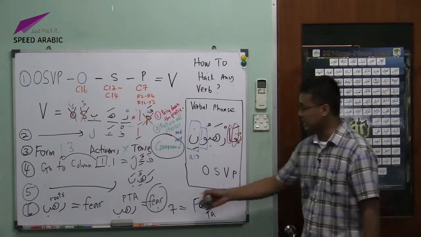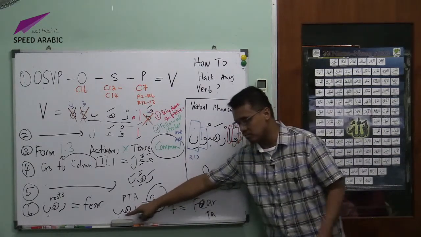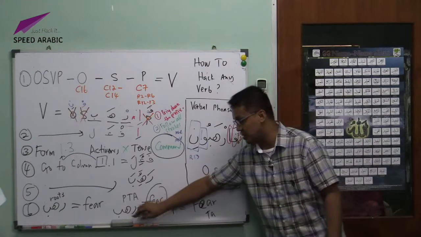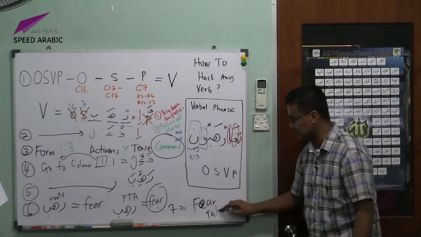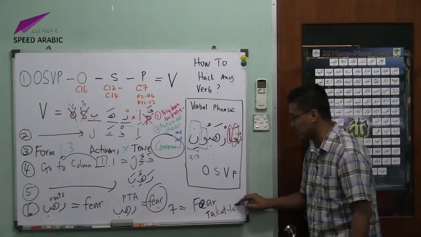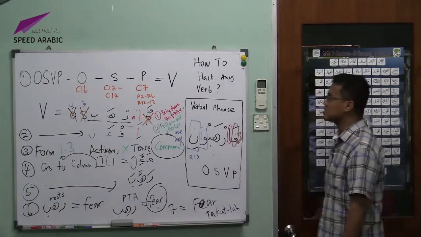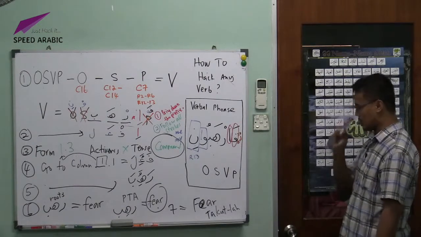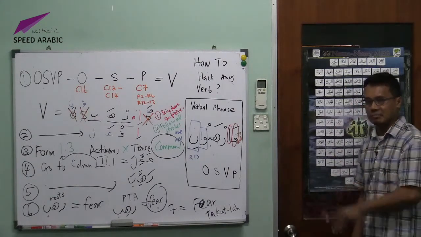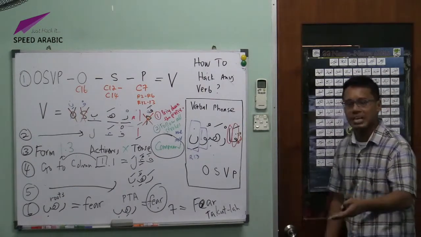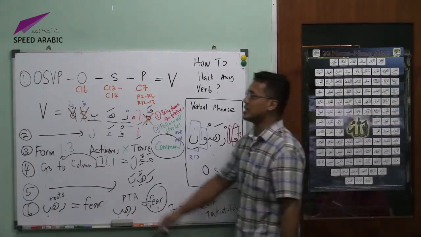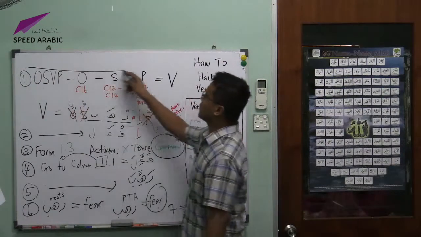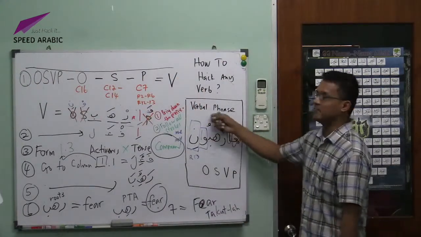So in Malay, rahiba, is it rahiba? I think it's rahiba. So it's takut. When you change, it becomes takutlah. Okay? Once you are done with that, that means you are done with the hacking process. You just need to fill in the blanks for the full meaning of the verbal phrase.